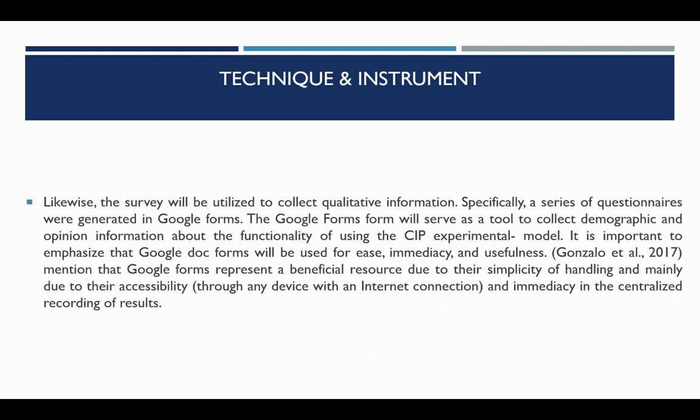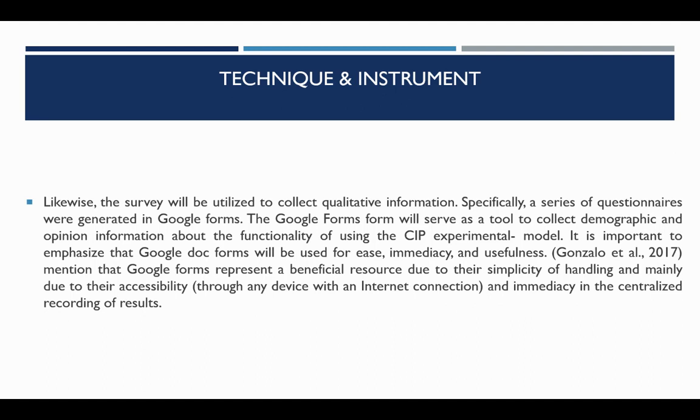Okay, and moving on, likewise, the survey would be utilized to collect quantitative information. Specifically, a series of questionnaires were generated in Google Forms. The Google Forms will serve as a tool to collect demographic and opinion information about the functionality of using the CIP experimental model.